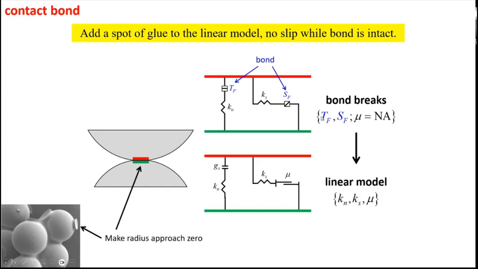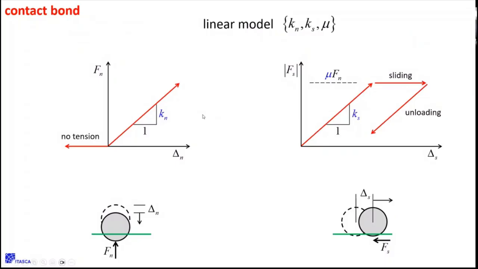So these I'm going to call strengths. And I've argued that there really have to be two fundamental strengths, just like there's two fundamental stiffnesses. Normal and shear, so I'll call it a tensile strength and a shear strength. Okay. Remember, this is the linear model in the normal direction, right? If you pull it apart, it sustains no tension. If you push it together, it goes up forever with the normal stiffness.